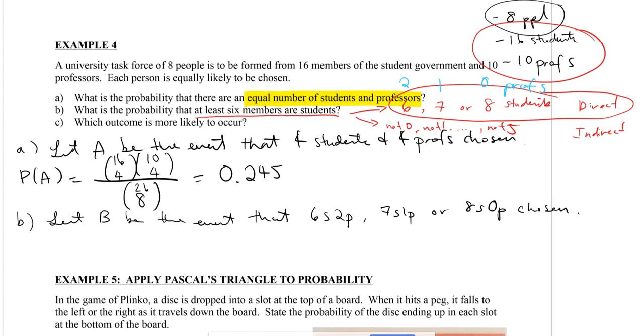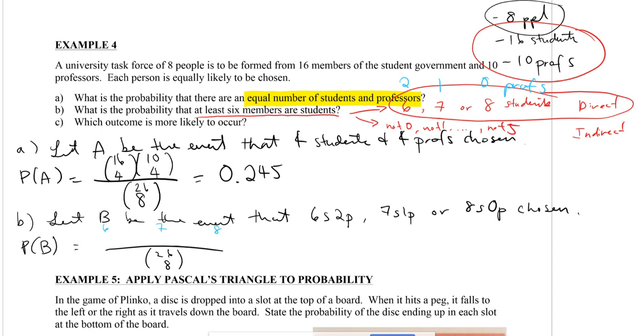You have to be able to identify what is your desired outcome. And so this is my total outcomes at the bottom. At the top, I am going to go through each case. So remember, we have the 6, the 7, and the 8.